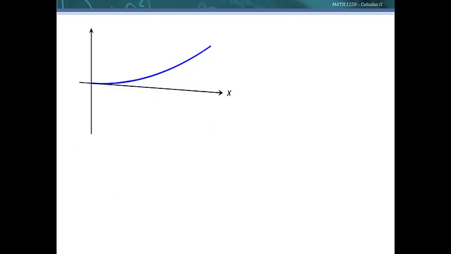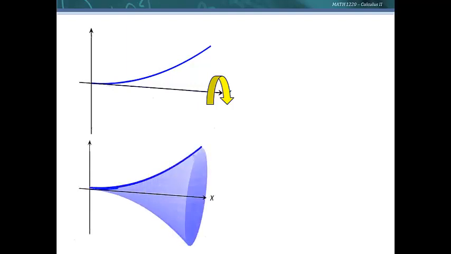So for example, if we had this function and we're going to rotate it around the x-axis and generate this solid and then find this surface area, we need to ask ourselves, if we rotate this around, we generate this circle, we need the circumference of this circle, and so this radius would be y. So this one would tell us that after our integral we would have 2 pi y.